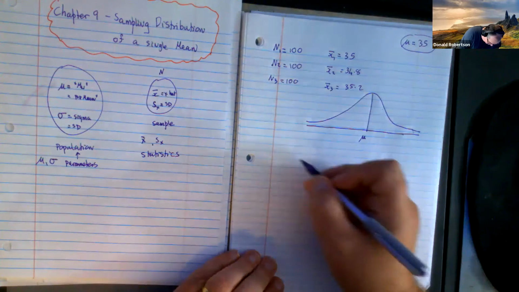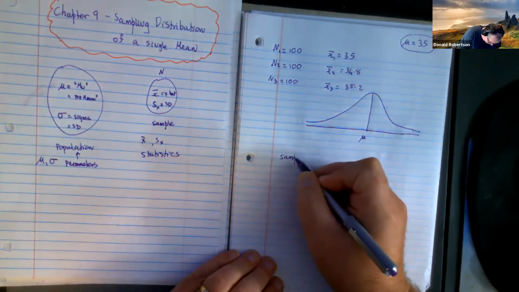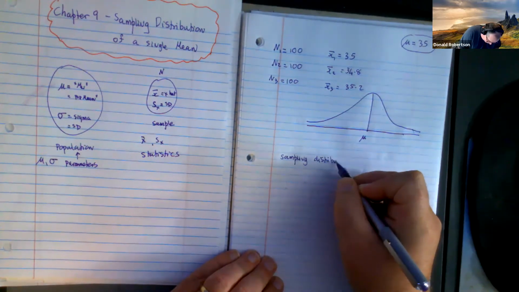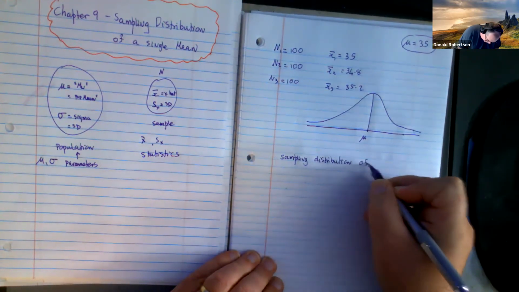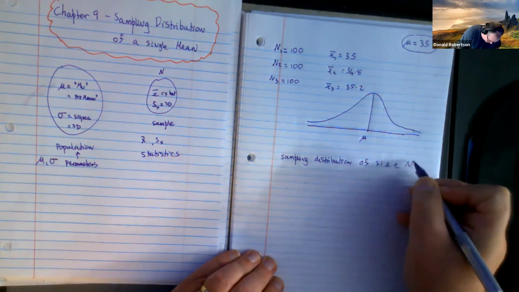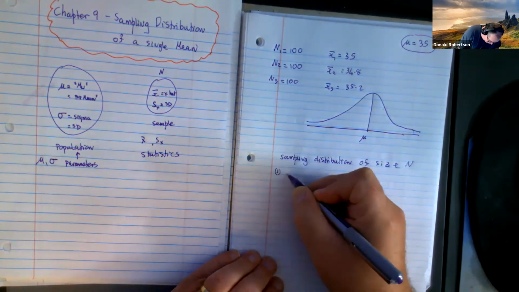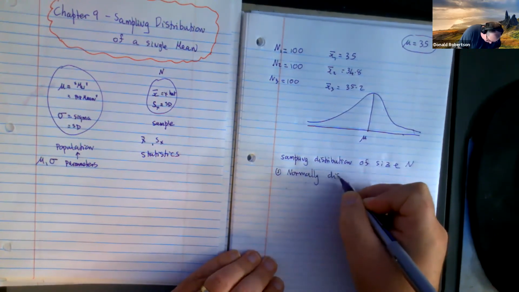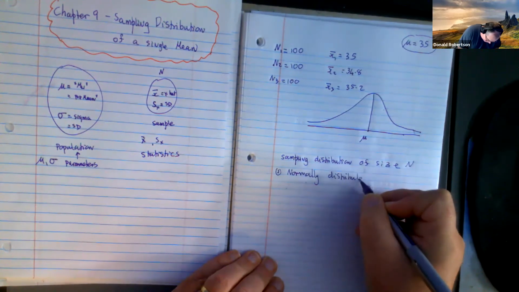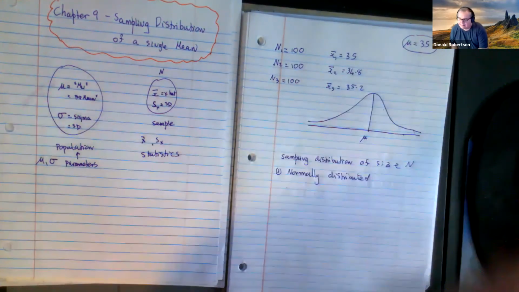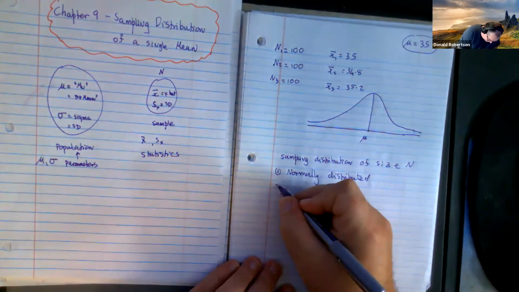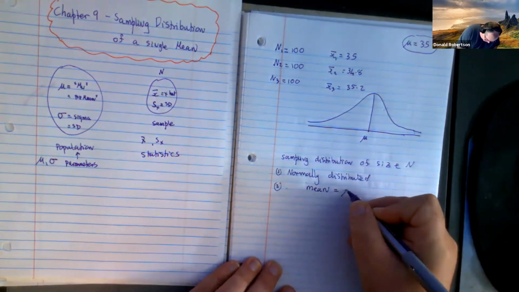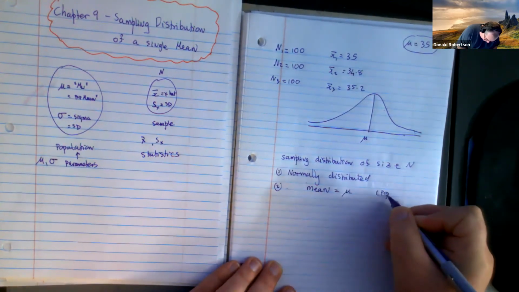So for a sampling distribution of size n, it's going to be, number one, normally distributed. Which means it's going to look like that guy. And two, the mean of that distribution is going to be mu, the same number as the population mean.